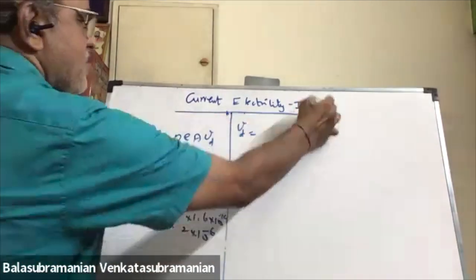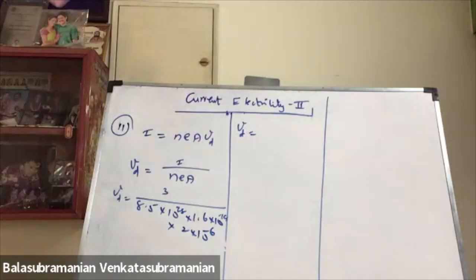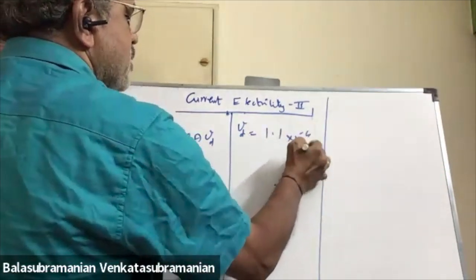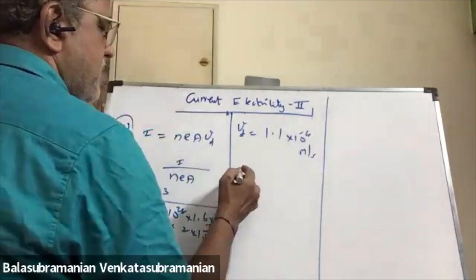Simplify, calculate drift velocity: 1.1 into 10 power minus 4 meter per second.